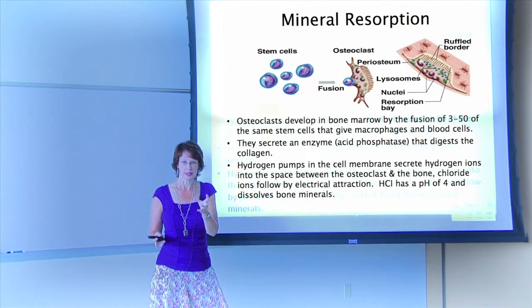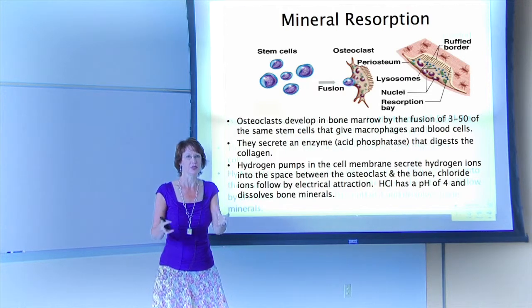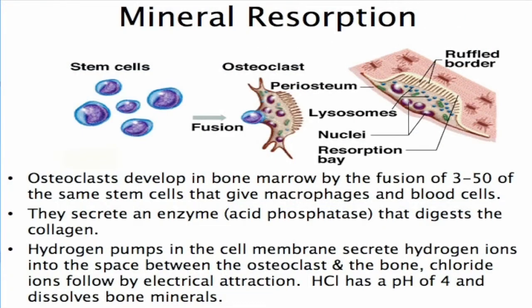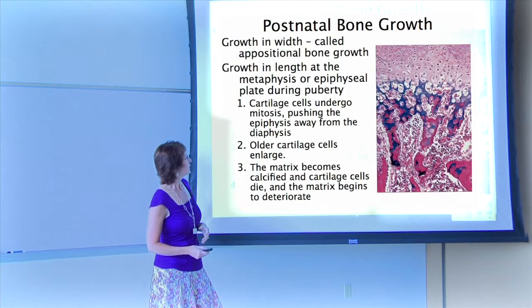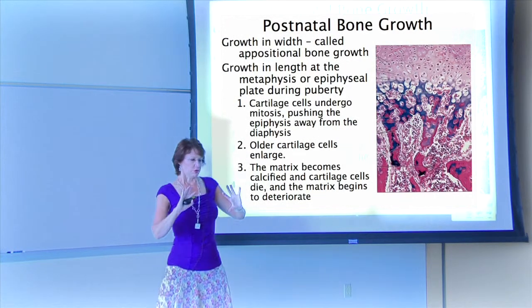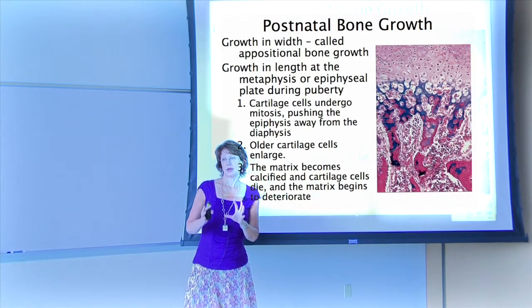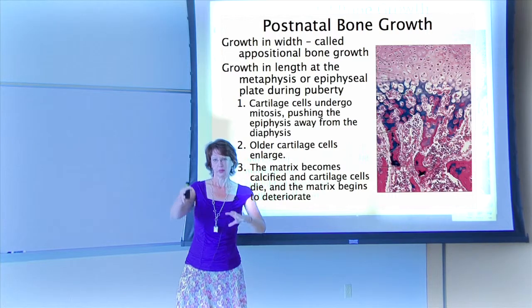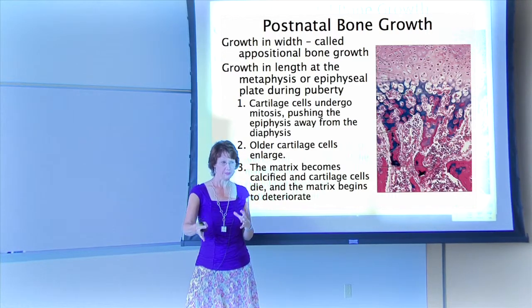Well, hydrogen and chloride together are making hydrochloric acid. So that acid is able to basically dissolve away the calcium phosphate crystals that have formed and release the calcium back into the blood where it can be used. So you always are having this balance of osteoclasts eating away bone and osteoblasts building bone.